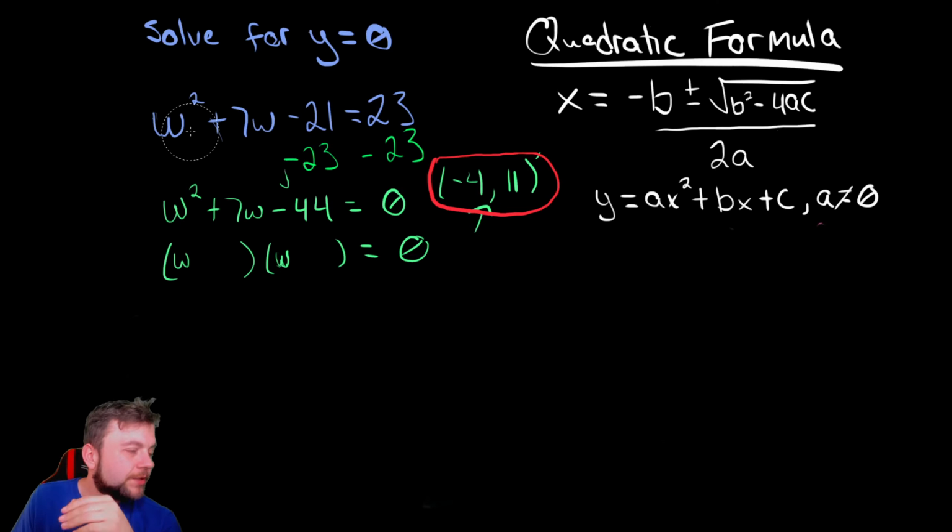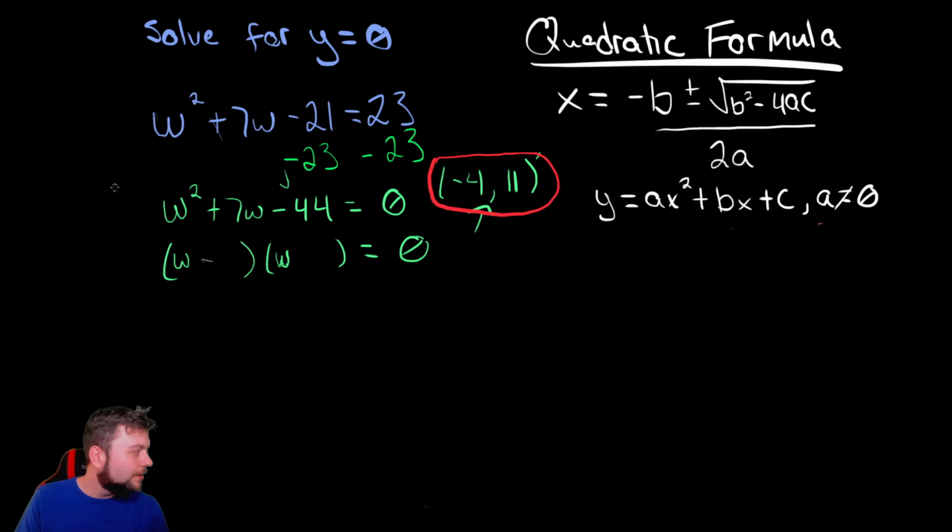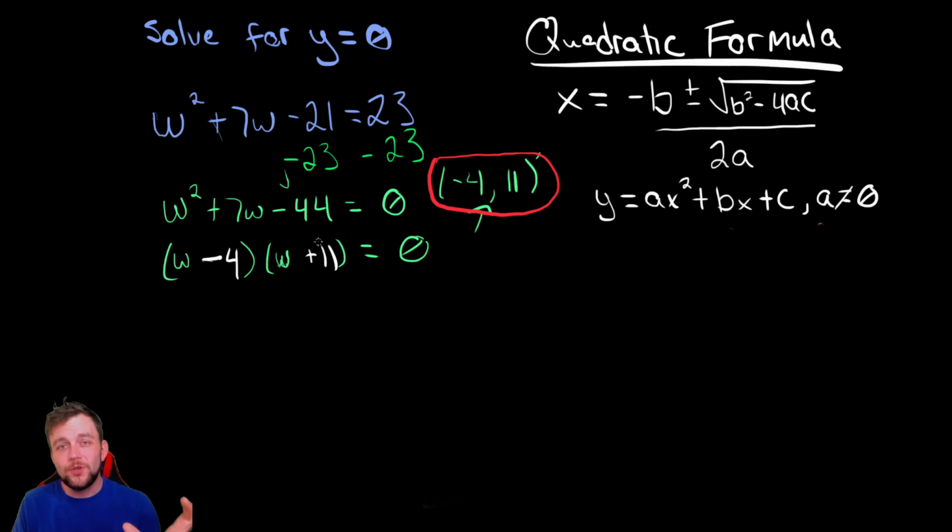Okay. So then you just plug and play, right? You can put your negative 4. It's too small. Negative 4 and a positive 11. Those are our two binomials for this problem. Set each one equal to 0.